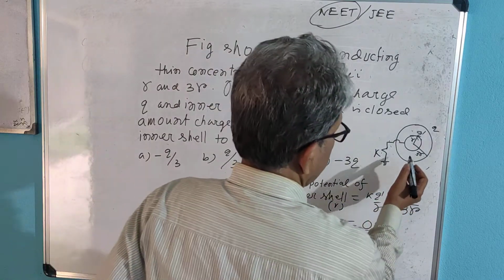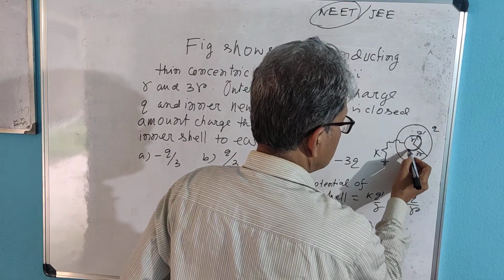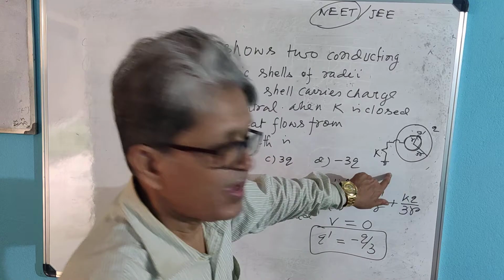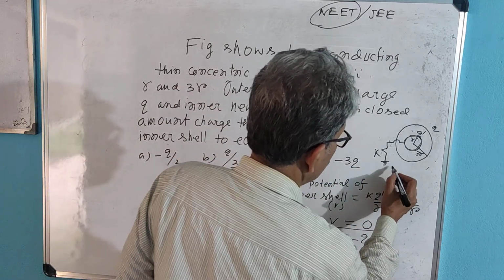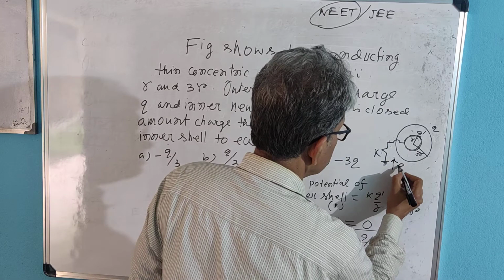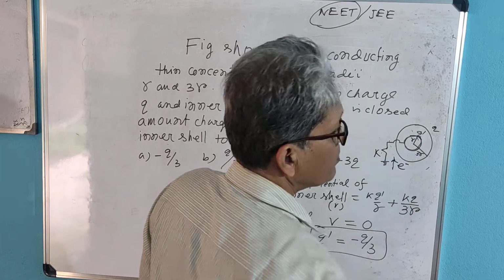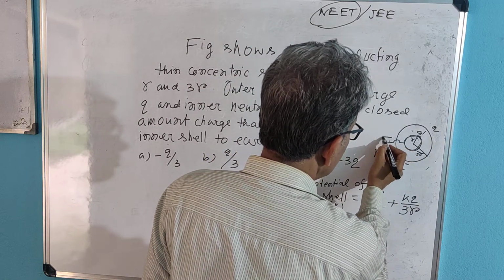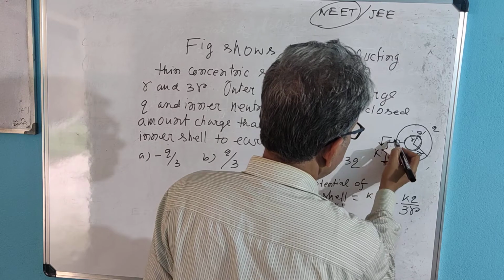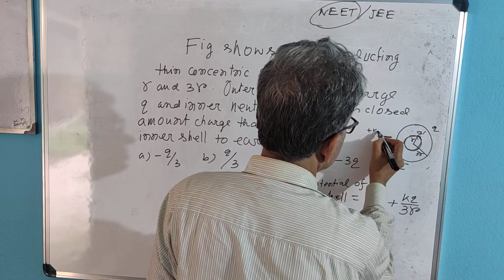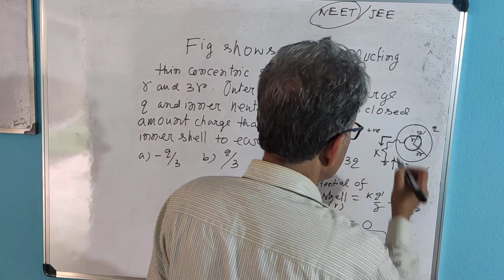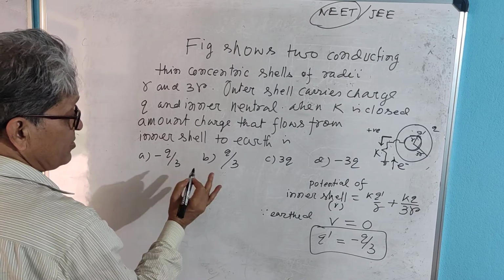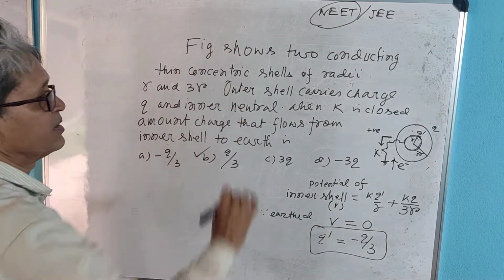Where will the charge come from? It will come from earth, so electrons flow from earth to the inner shell. Considering positive charge, it flows from the inner shell to earth. What amount of positive charge will flow? Q by 3, not minus Q by 3, mind it.